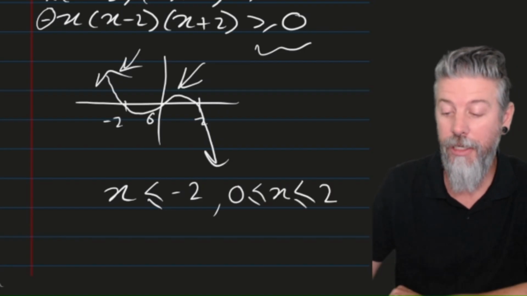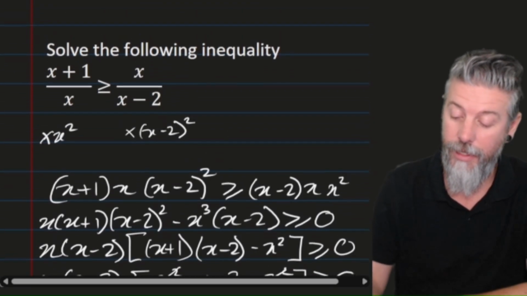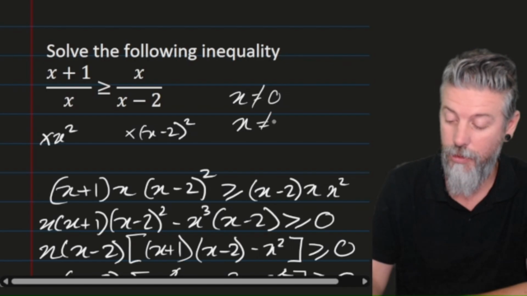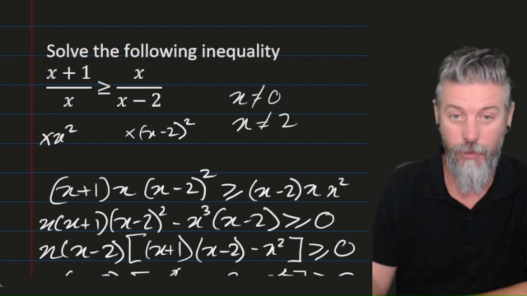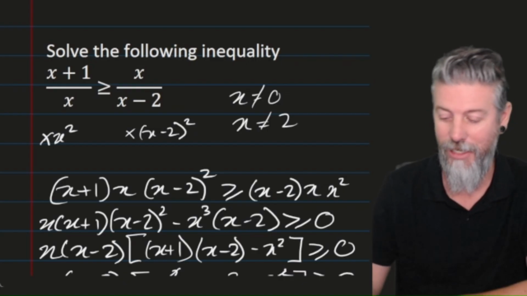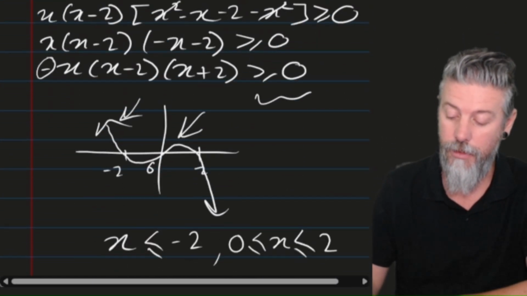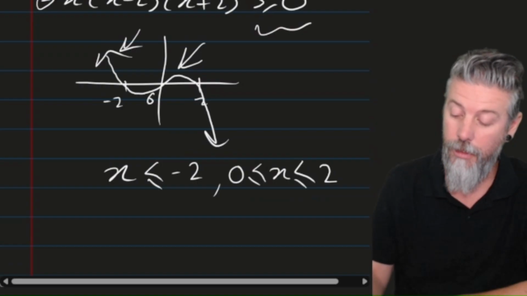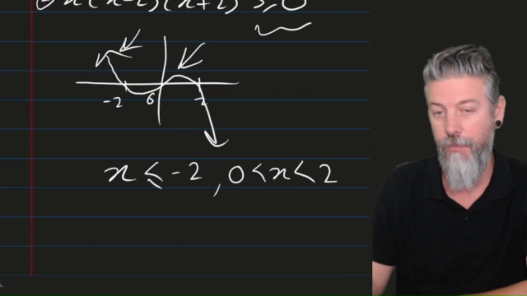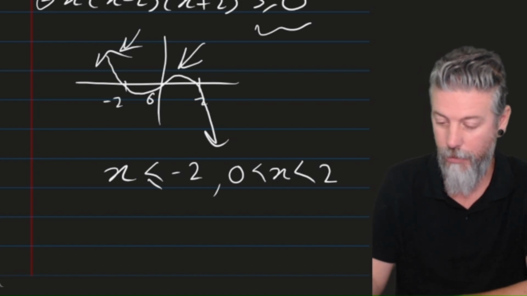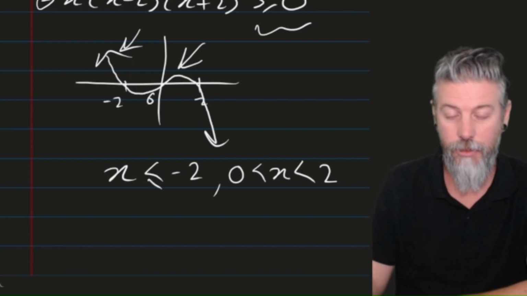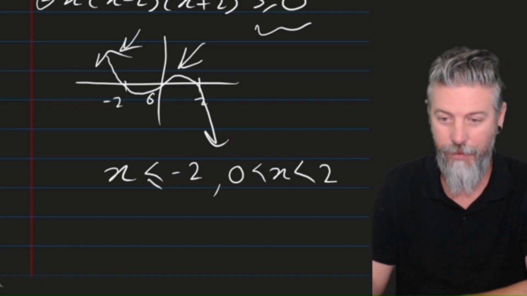Now we should go back to the top here and realize straight away that x cannot equal 0 and x cannot equal 2, because it would make the inequalities have 0 in the denominator, and we know that that breaks mathematics, so we don't do that. So 0 and 2 are excluded. Therefore, we will take the equal to's away from those ones. And so we've got our domain where we have solutions based on a graphical method.